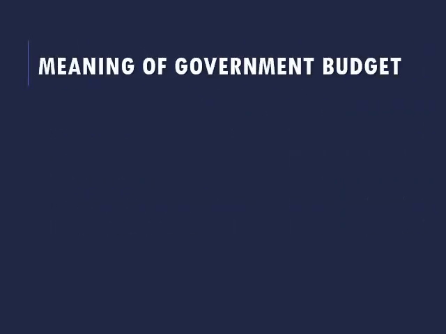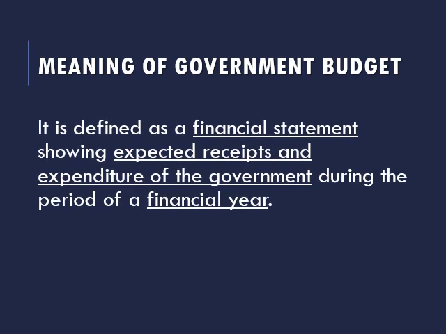Let's talk about the meaning of budget. I have already highlighted the key points. It is defined as a financial statement showing expected receipts and expenditure of the government during a period of a financial year.